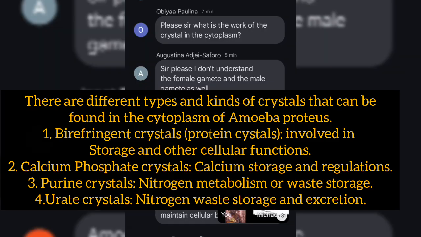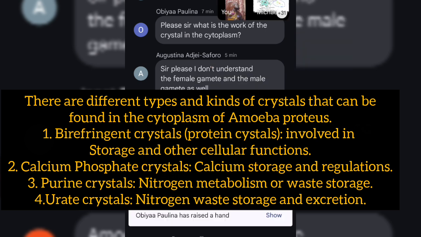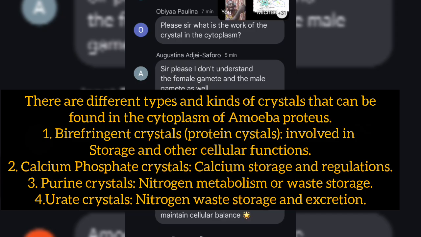The crystals depend. This one is urate crystals. So someone said it's a waste. So human beings, our waste comes in the form of urine, and inside this urine we have the urea we saw over there. Sometimes you can sweat to a point that you will see crystals.